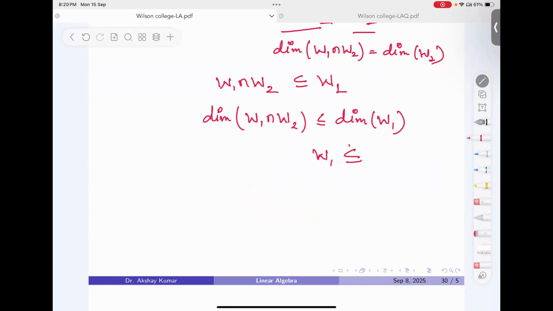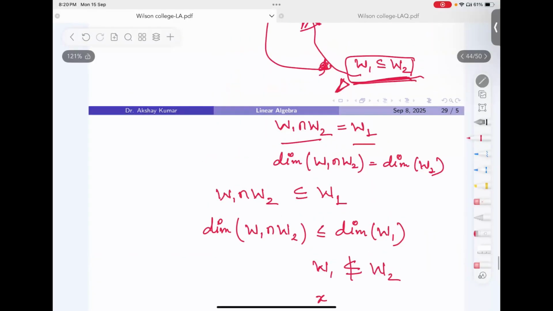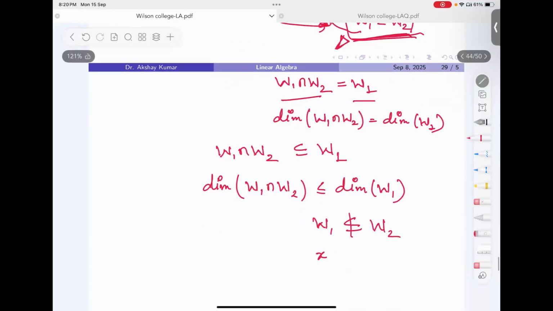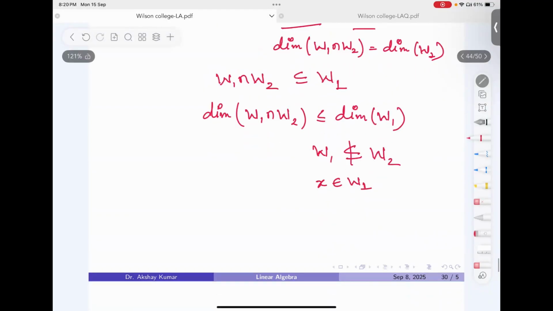Then there will exist an element in W1 which does not belong to W2.